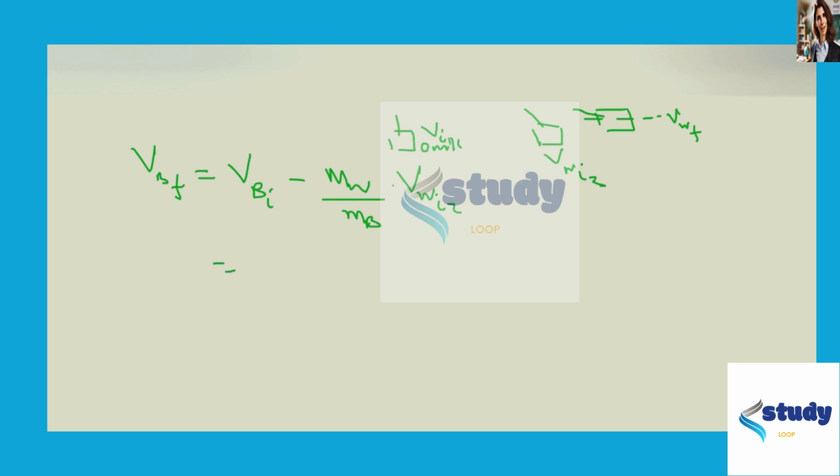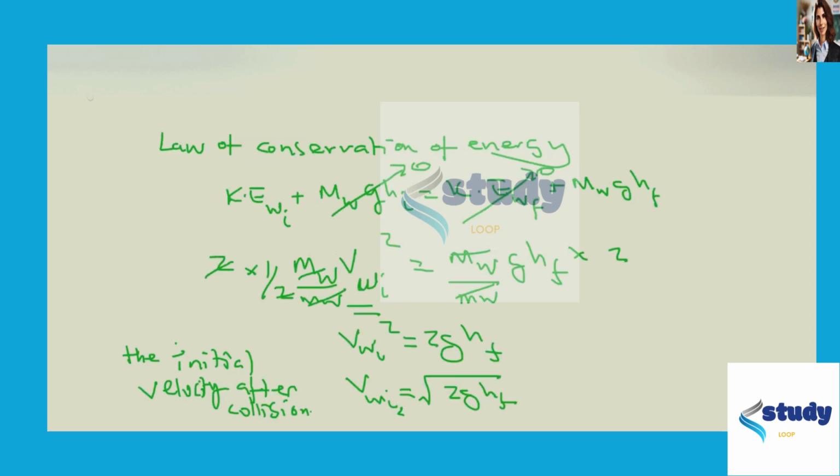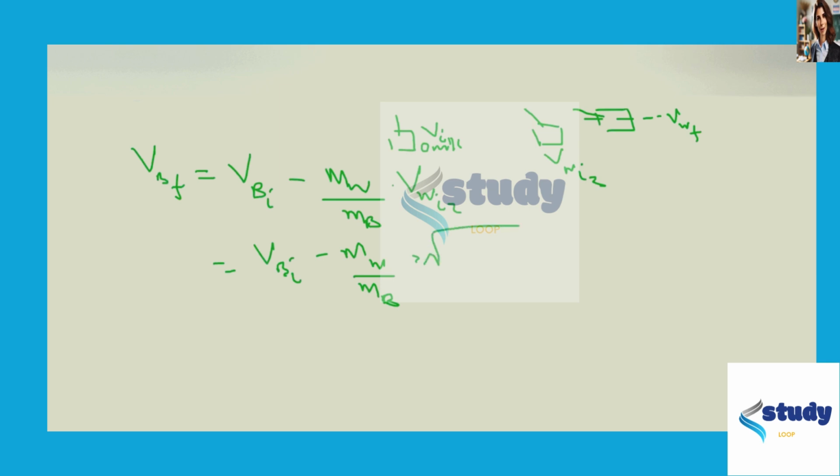Next thing, we plug in the numbers. So we have 450. So this one is going to be the initial velocity of the bullet minus mw over mb. We did solve for the second initial velocity of the block, which is the radical of 2g hf. Okay, final.